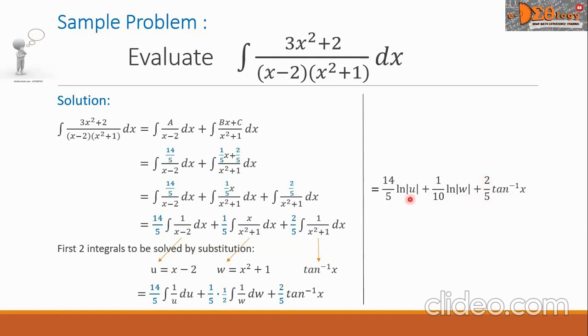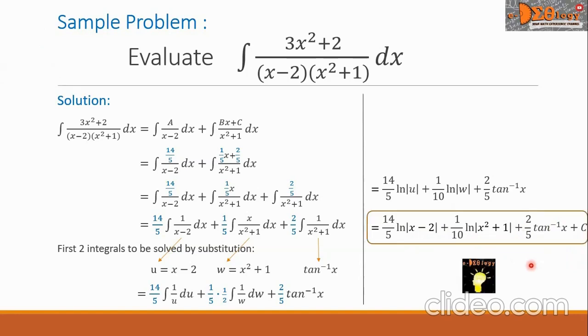If we replace the corresponding values of u and w, we will get 14 over 5 ln of absolute value of x minus 2, plus 1 over 10 ln of absolute value of x squared plus 1, plus 2 over 5 tangent inverse of x. Of course, we will not forget the plus c, the constant of integration. This is now the final answer.